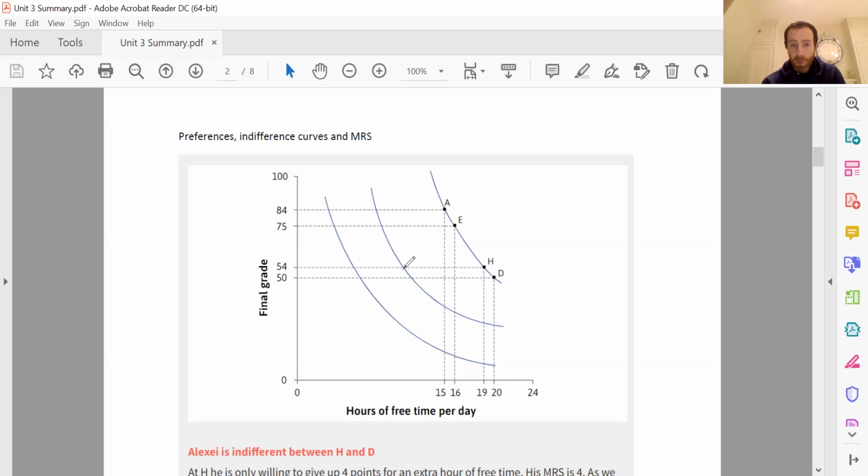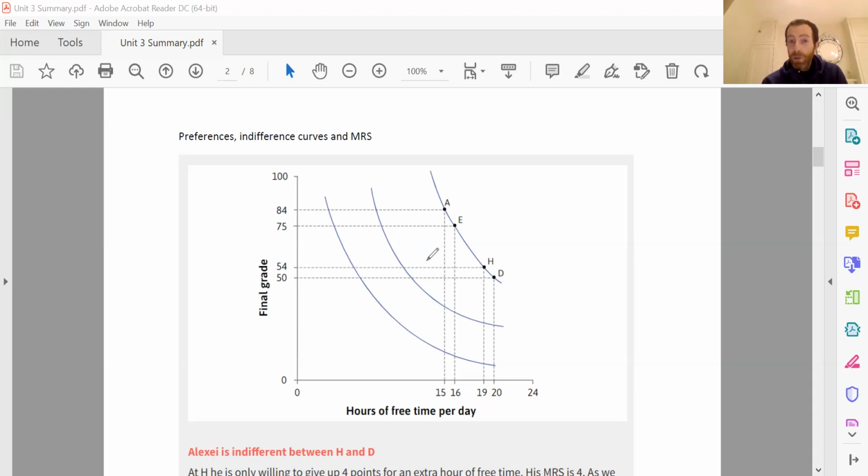On this one, Alexi gets a grade of 54, but quite a small, maybe 10 hours of free time, whereas on this one, he gets a grade of 54, but more hours of free time. So higher levels of utility are indifference curves that are further away from the origin, right? So that's what these indifference curves show us. They show us combinations of constant utility.